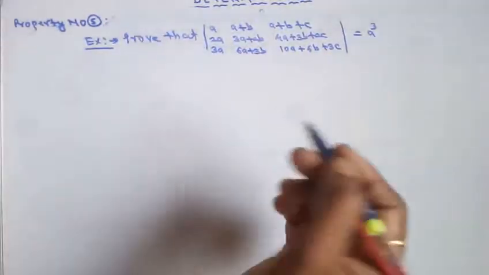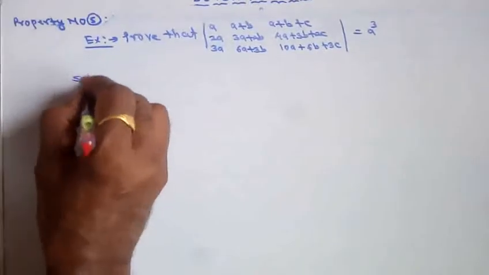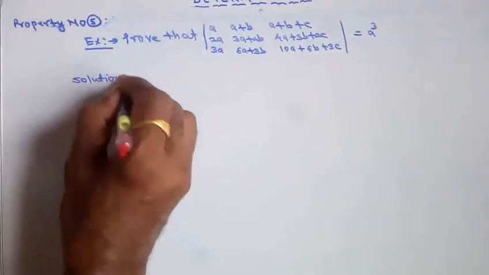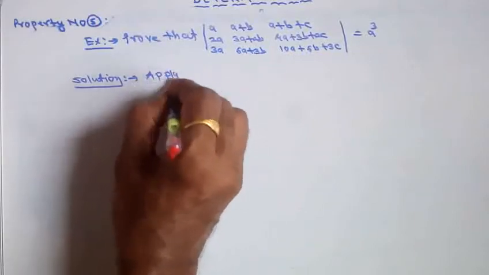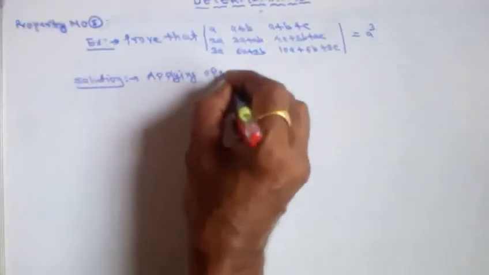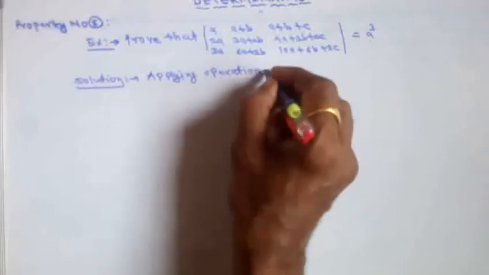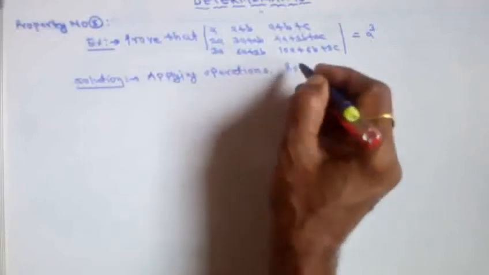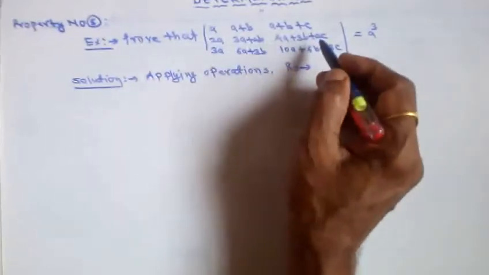So let us apply property number 6 here. Solution. Applying operations. I am writing R2 as R2 minus 2 times R1.